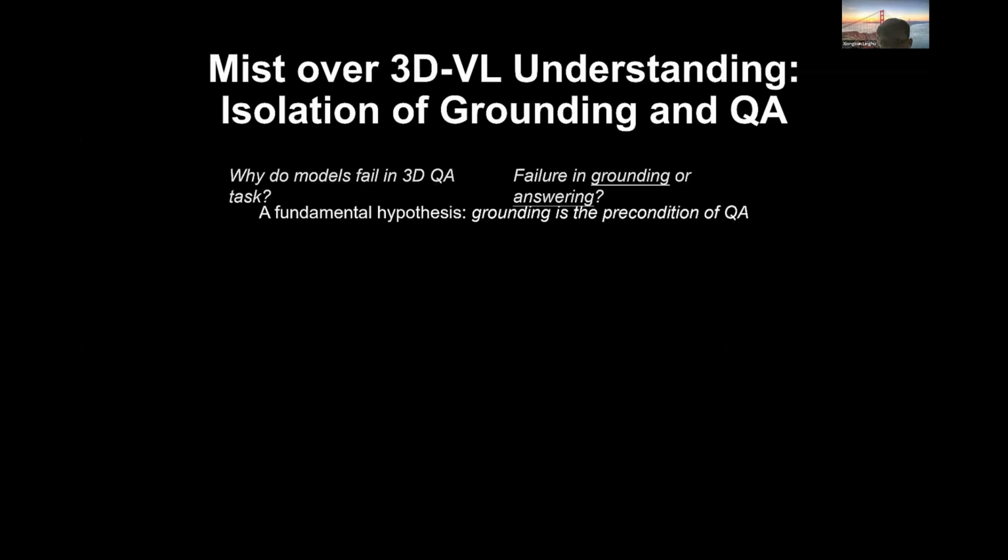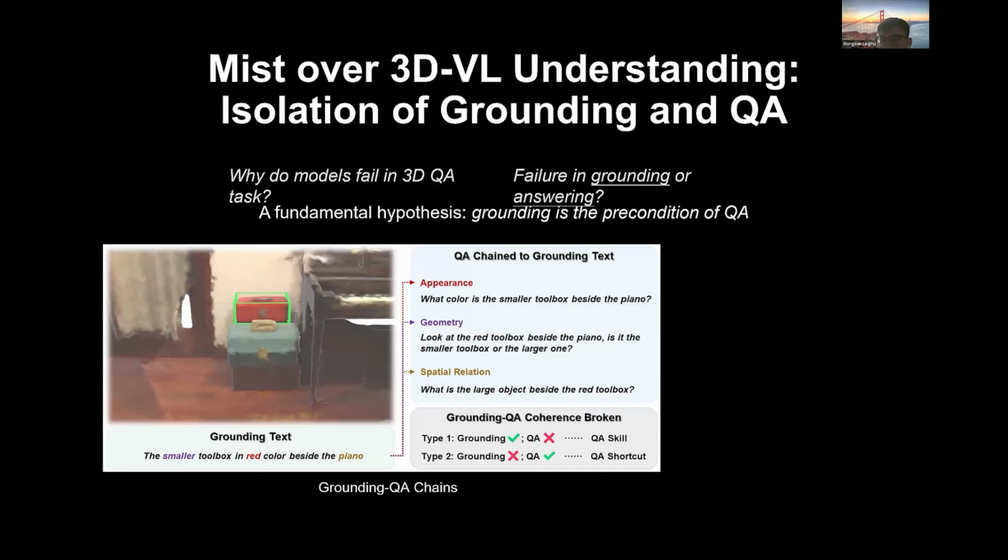And our fundamental hypothesis is that grounding is the precondition of QA, which means that if the model needs to answer a question, it must first ground the corresponding object in the 3D scene. So we propose a grounding QA chain to annotate a reliable 3D VL benchmark.